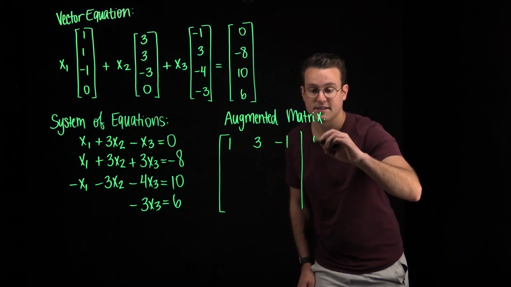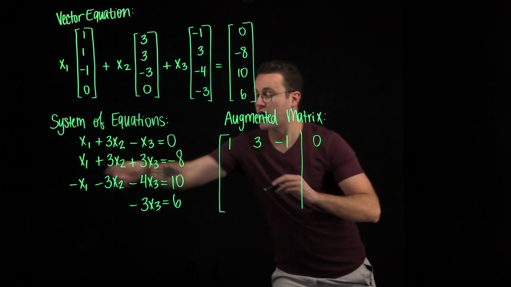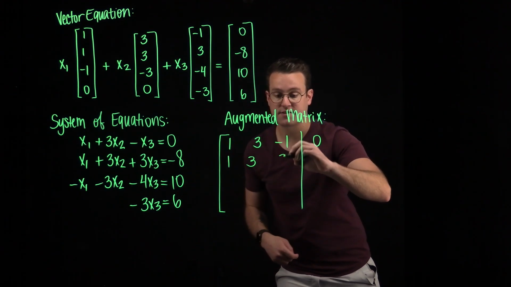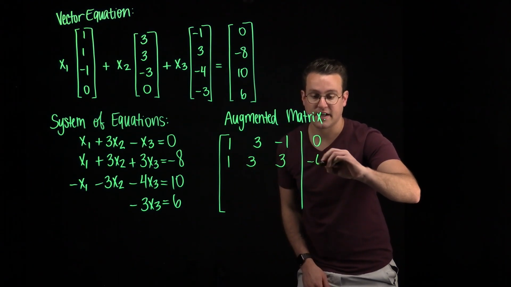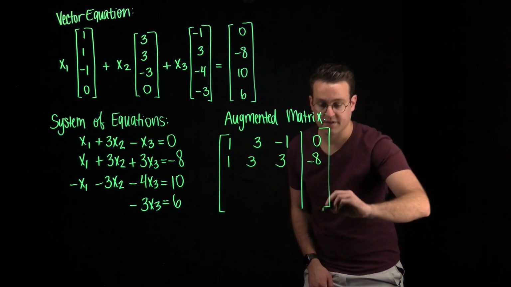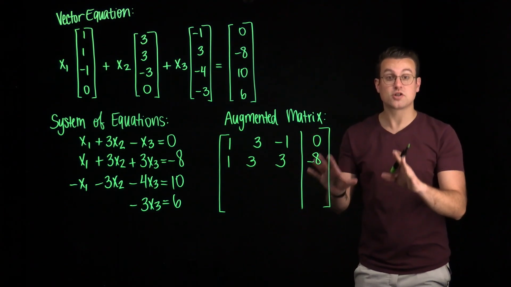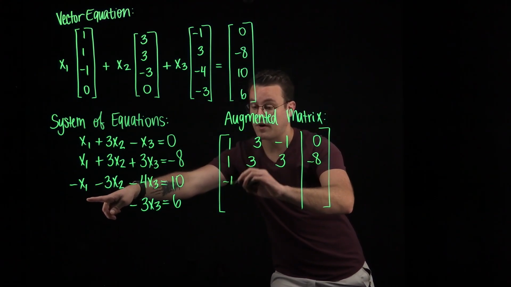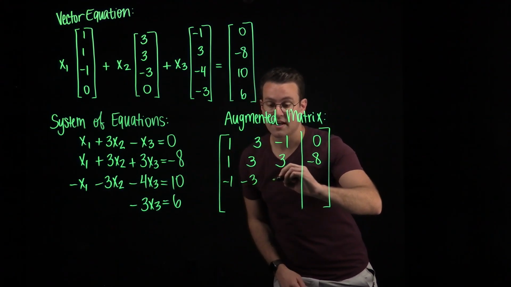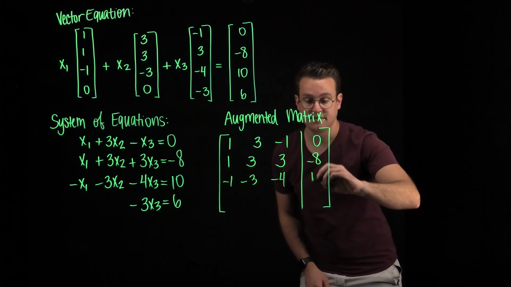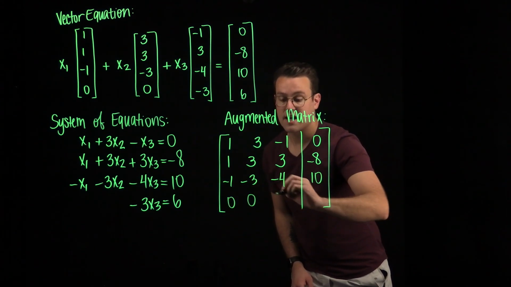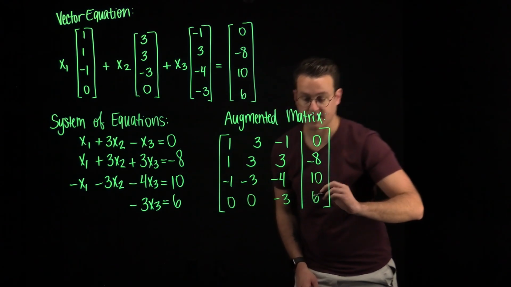So equals 0. Then 1x1 plus 3x2 plus 3x3 equals negative 8. And I'll put brackets over here to finish that off. Notation is super important, so make sure you're using correct notation. Then negative 1, negative 3, negative 4, and 10. And then finally, 0, 0, negative 3, 6.